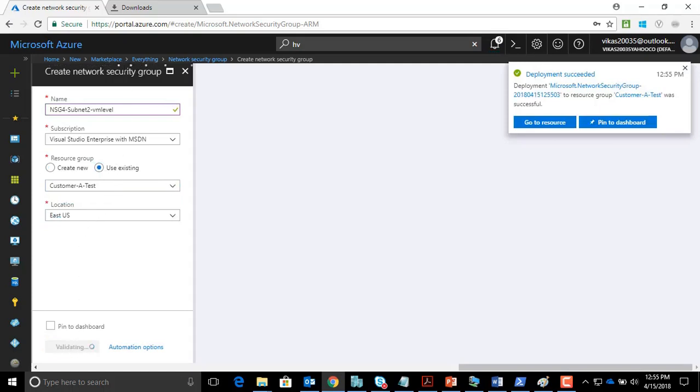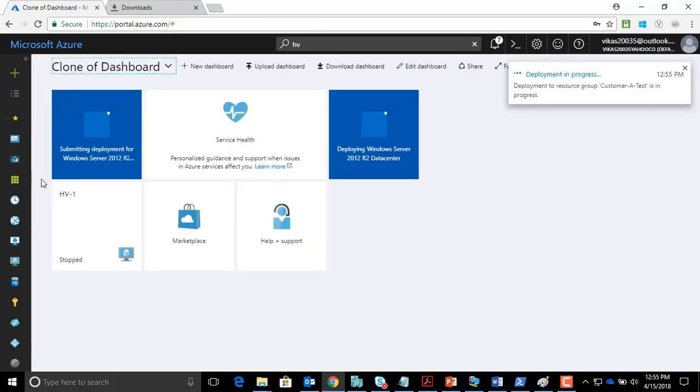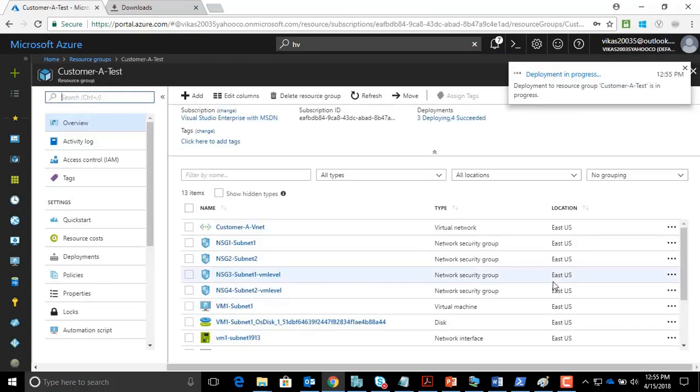If I go to my resource group, I have four NSGs.